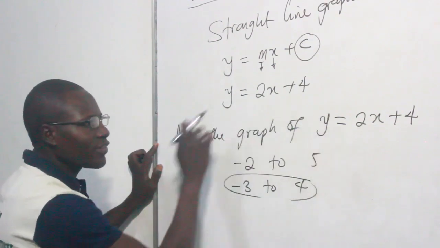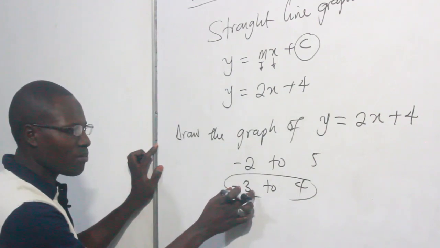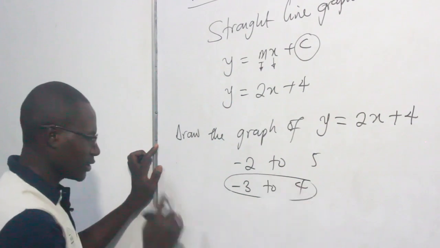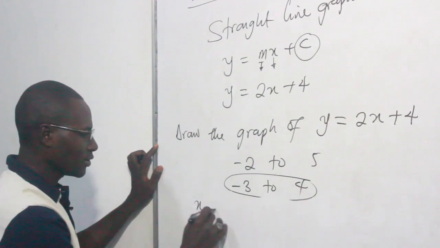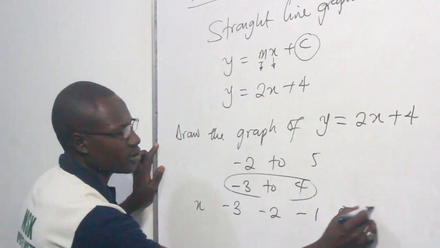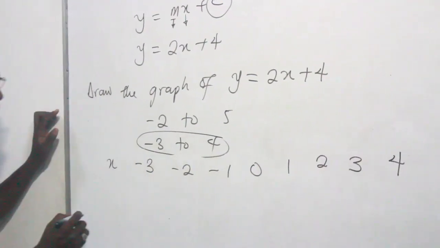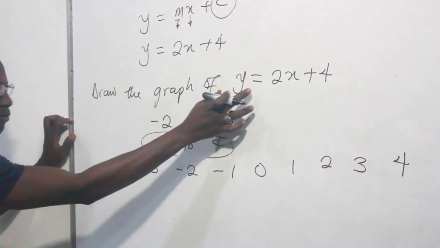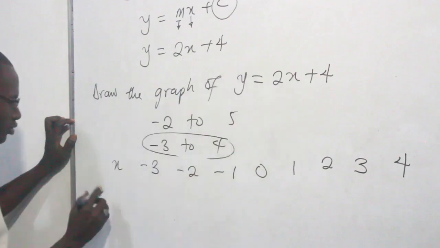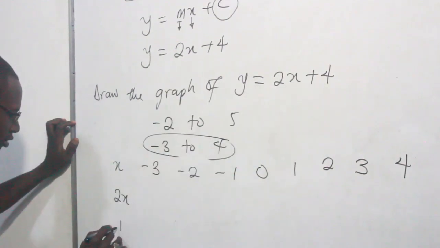Now, for you to solve this question, you take the values of x. Since we assume the values of x from -3 to 4 in this case, here we have x, which is -3, -2, -1, 0, 1, 2, 3, 4. And the same way, you write 2x, and this is +4.